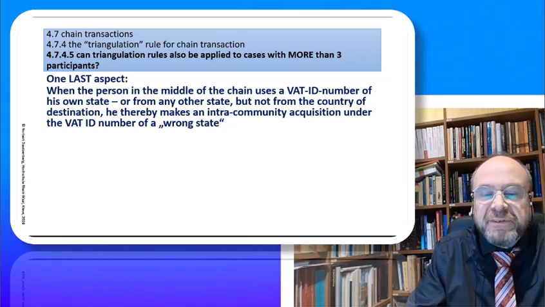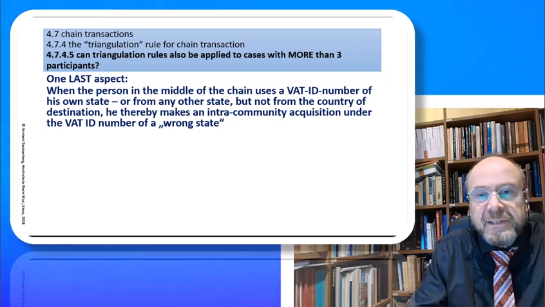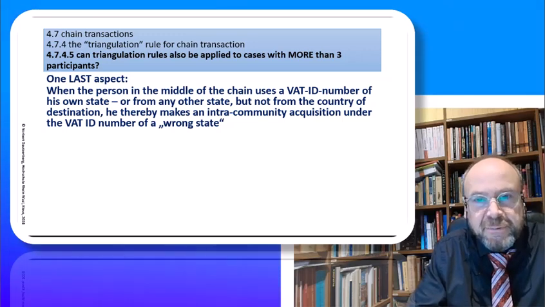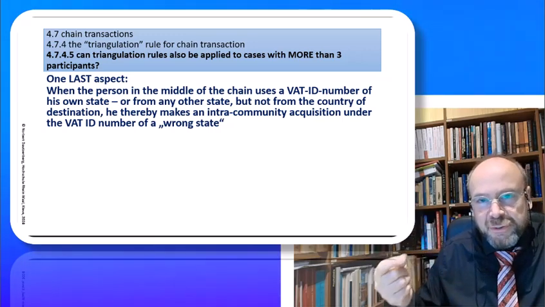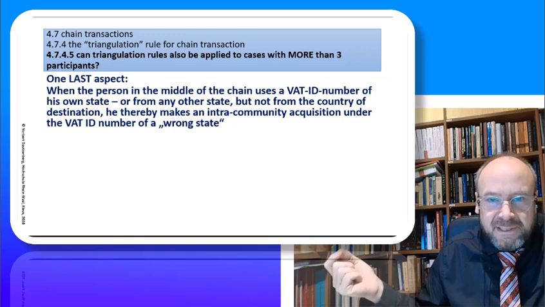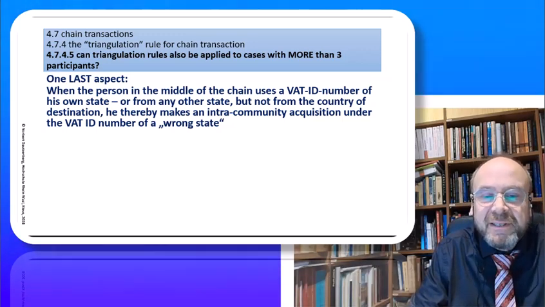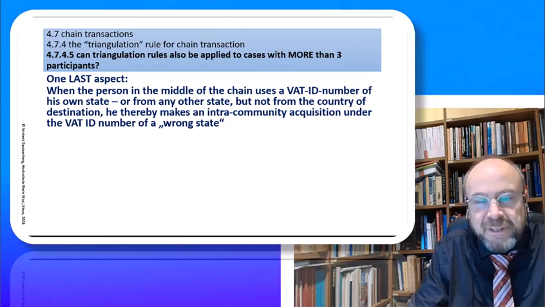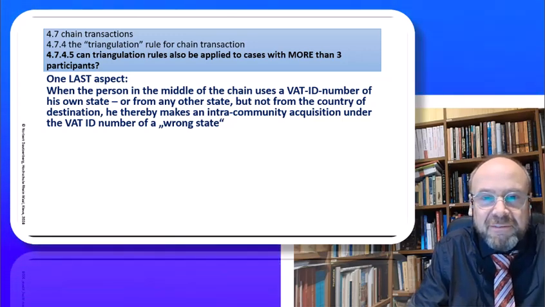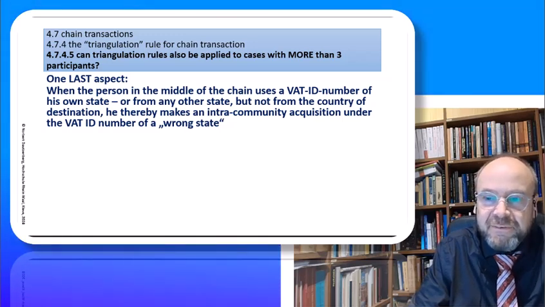When the person in the middle of the chain uses a VAT number for the EU sales list to declare his intra-community acquisition and the following triangulation transaction with C, the final customer, or his customer in the final country of destination, then he uses a VAT number of the wrong state because he doesn't have, by definition, a VAT identification number of the right state, the state of destination.